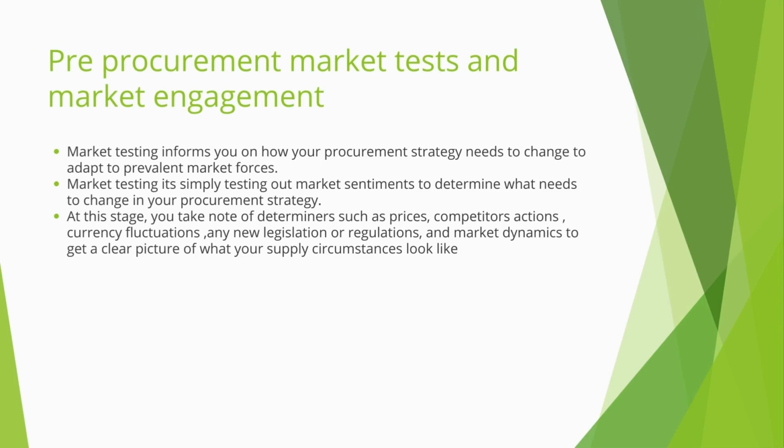And the next stage in our procurement cycle would be the pre-procurement market test and market engagement. Market testing informs you on how your procurement strategy needs to change to adapt to prevalent market forces. Market testing is simply testing out market sentiment to determine what needs to change in your procurement strategy.